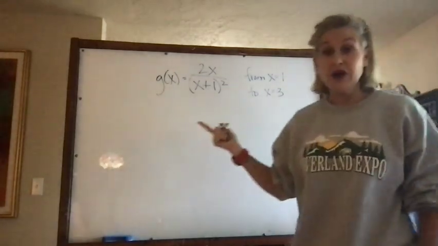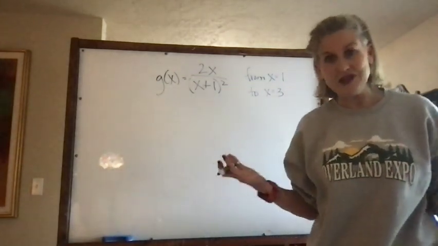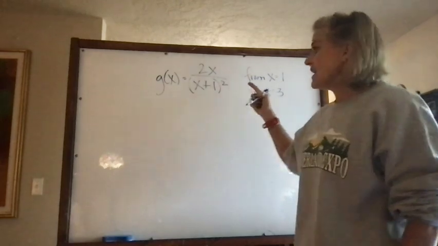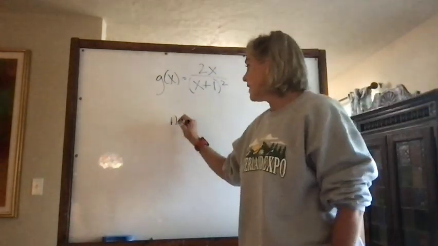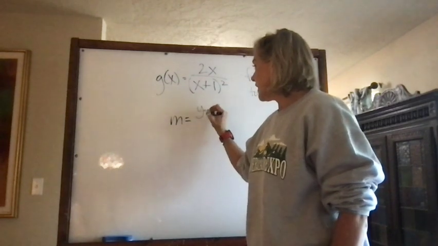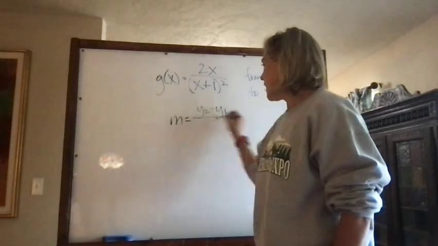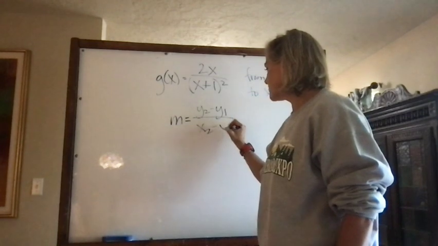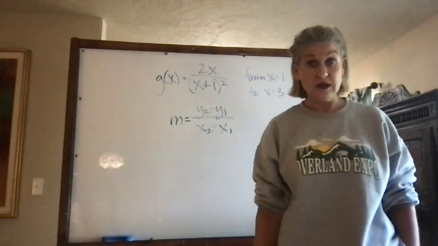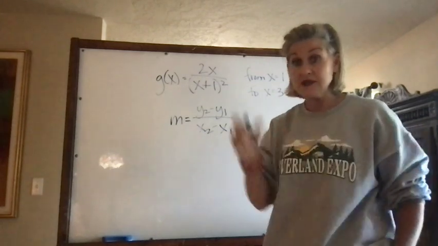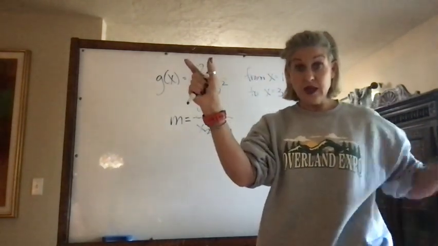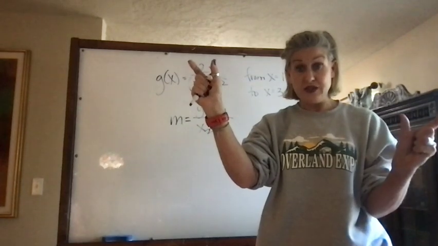So the tricky part, it's not tricky, but they're trying to trick you, is that if you remember the formula for slope, m equals y2 minus y1 over x2 minus x1. To find the slope, you have to have 2 points in space. The x and y for this point and the x and y for this point.